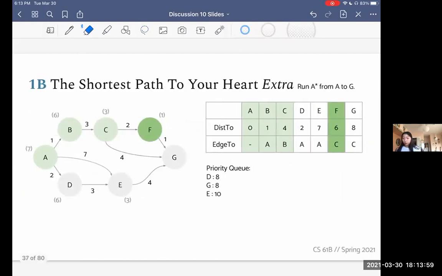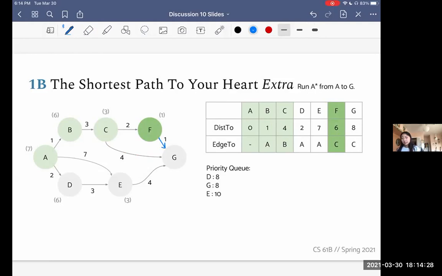We pop F off the Q, and we realize, okay, this is the best way to get to F, and we're going to look at F's children now, right? Take a moment and think about if anything has to be updated here. So we see that the distance to F is 6, and then traversing this additional edge from F to G is going to cost 1, and that gives us a cumulative or total path length of 7.